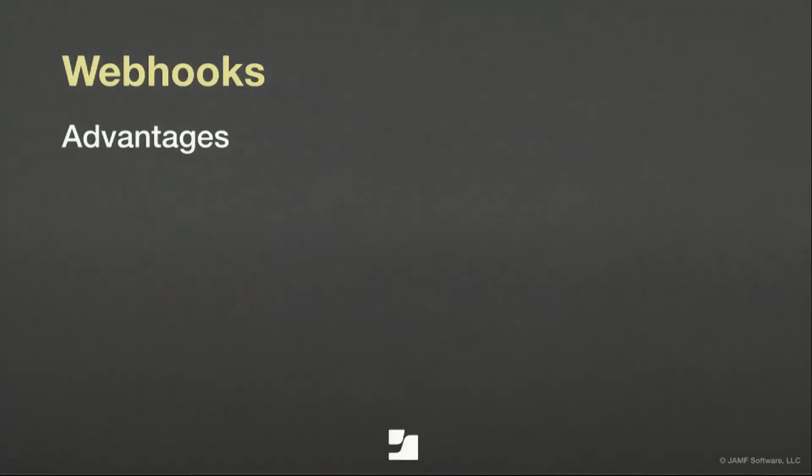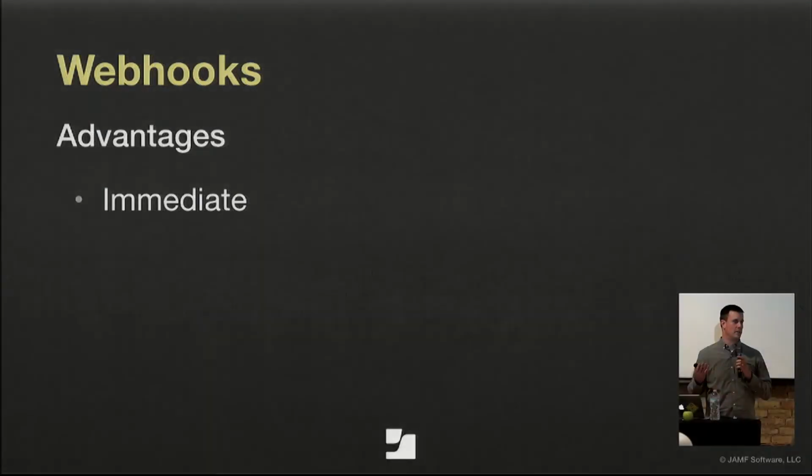So why do we want to use webhooks instead of, or in conjunction with, our other APIs? Well, obviously they're immediate. It happens exactly when an event occurs instead of potentially requiring regular polling like we would have to with the customer API. It's very targeted, so we can trigger it on a specific event.